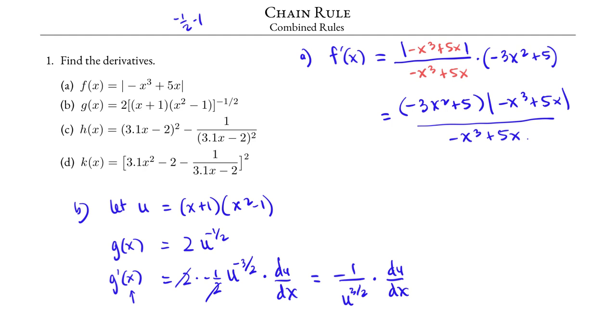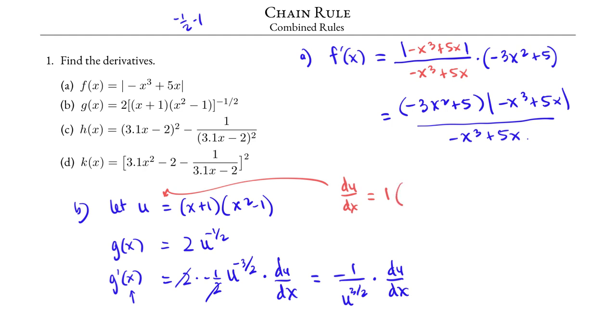But what is du over dx? It is the derivative of u. And so we go back to this u here, and we ask, now how do we find the derivative of u? This is a product, and so we would use the product rule. We prime the first factor: the derivative of x plus 1 is 1. The derivative of x is 1, and the derivative of 1 is 0.